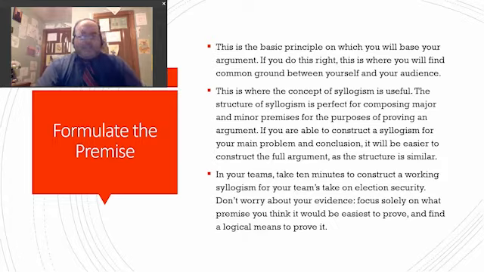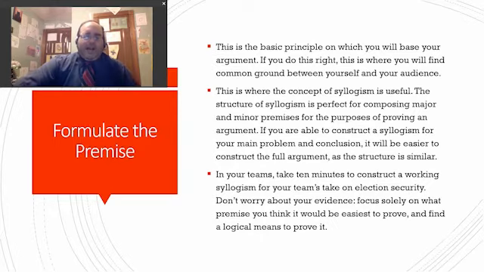Under the team discussion threads, in addition to workshop stuff that you're doing this week, there's one other exercise I'd like you guys to do under that thread. Take some time to construct a working syllogism for your team's take on election security.